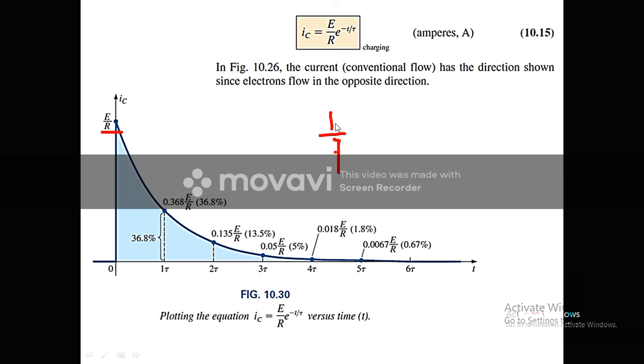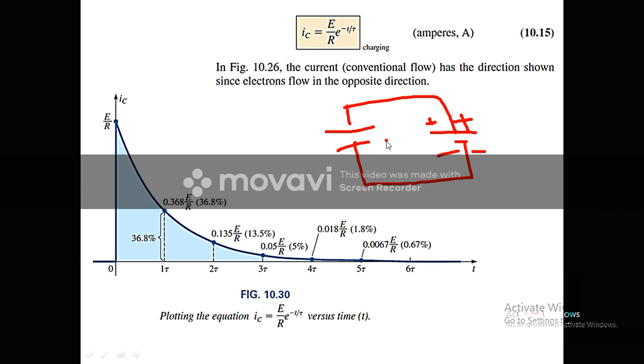Look at the circuit. Here is the E, and here is the capacitor C. At the start Vc is equal to 0, so the potential difference between E and Vc is maximum, that is E. As soon as voltage appears across the capacitor, the potential difference reduces.